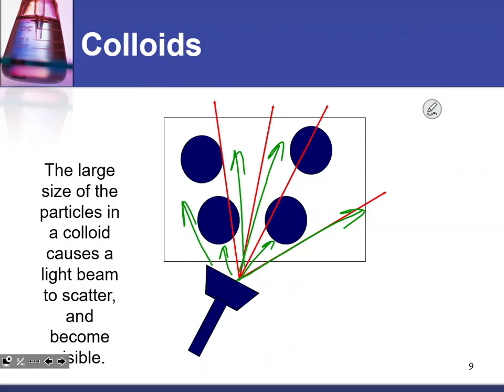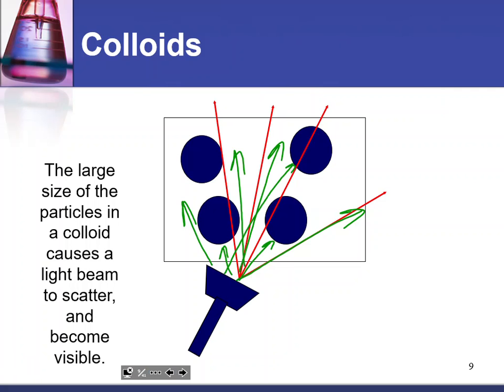Some of them hit the particles and don't go through. But that would be the generalized idea here. The large size of the particles of the colloids causes the light beam to scatter and become visible. So now we can actually see it, whereas before, you can't really tell with the light. Okay? Any questions on that?